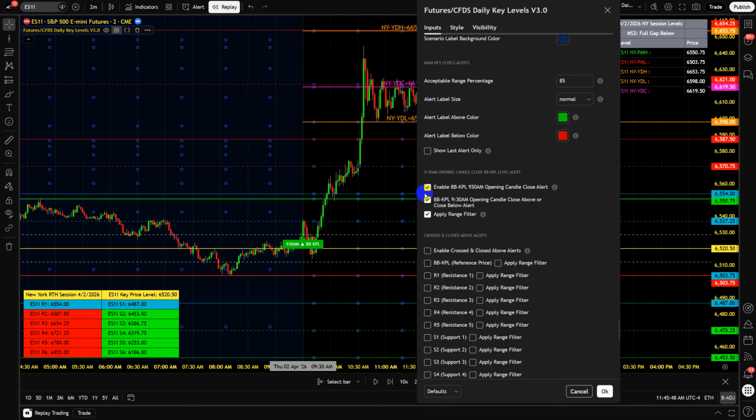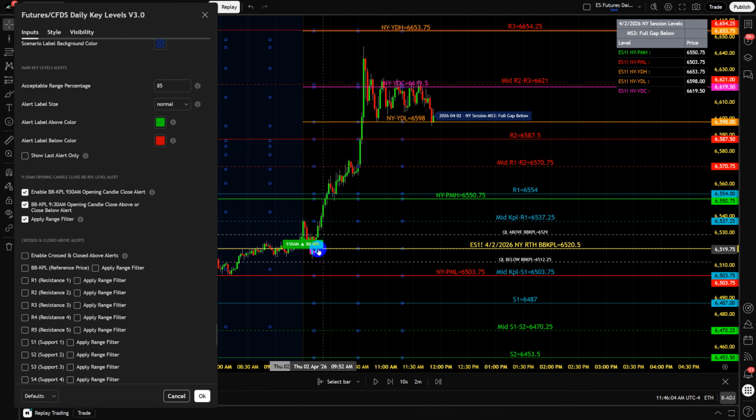Now, if this candle close above was outside of 85%, so let's say it closed up here right at R1. Well, remember that the range filter is set to 85% of one standard key level.